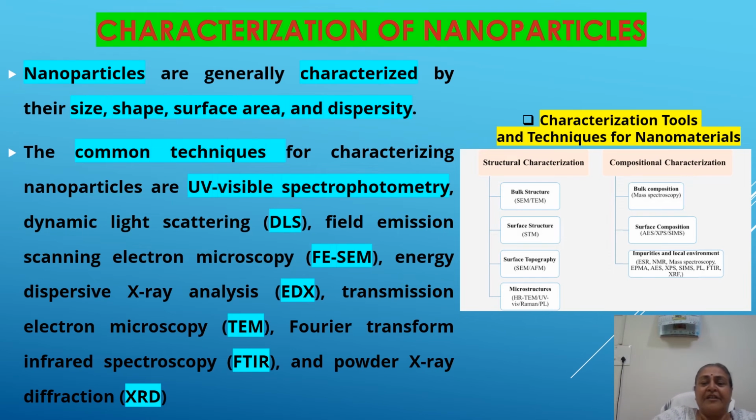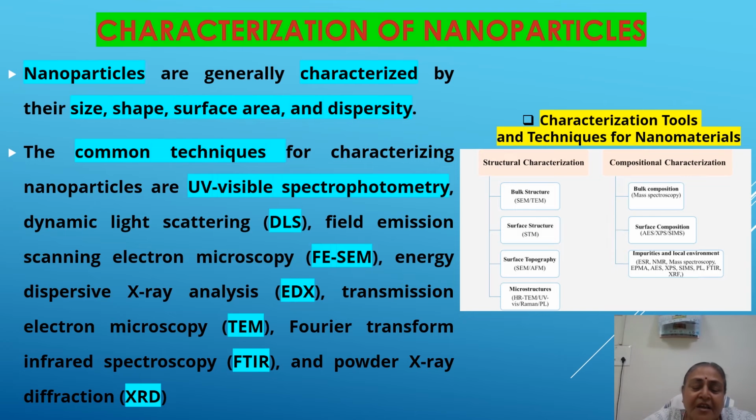Characterization of nanoparticles, through size, shape, surface area and dispersity, is possible by using the technique of UV-visible spectroscopy, and here it will help us in finding the DLS and the size and shape of the particles synthesized.